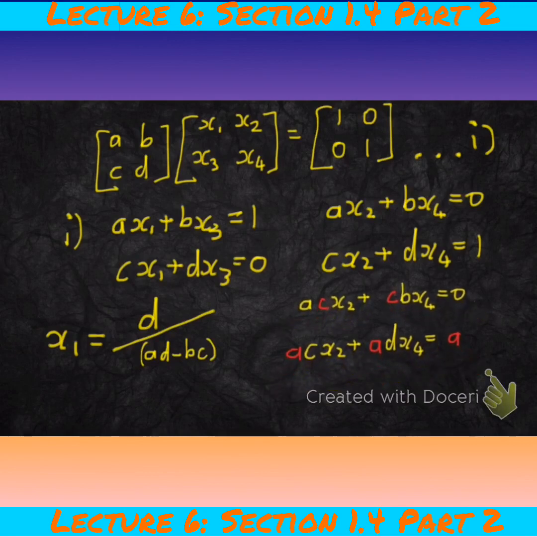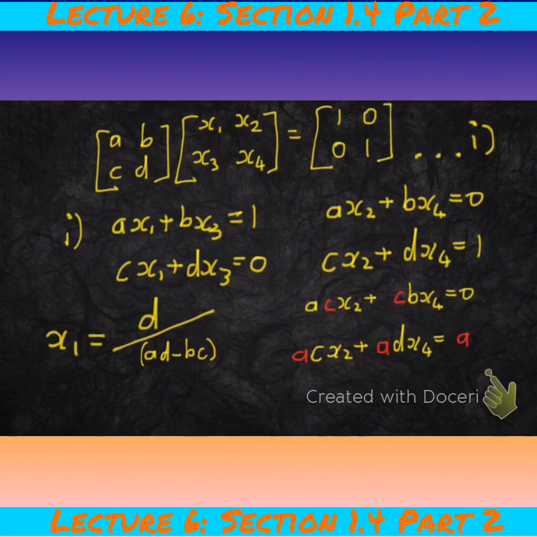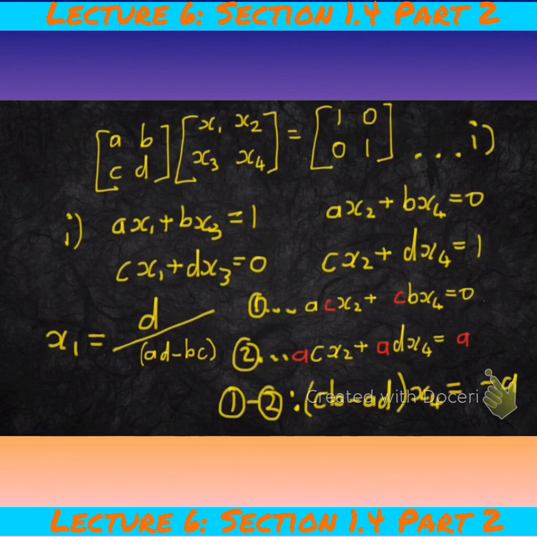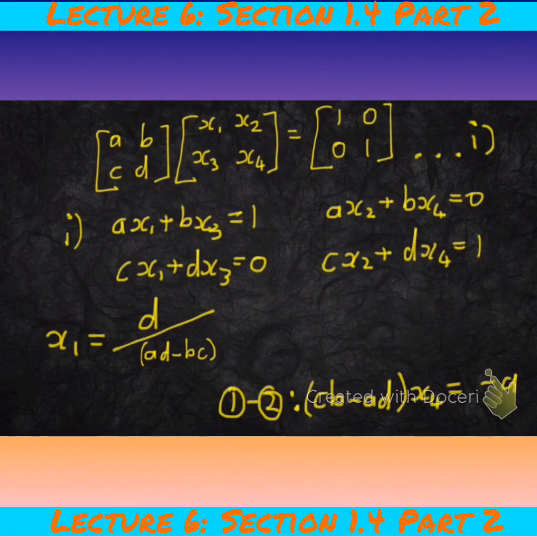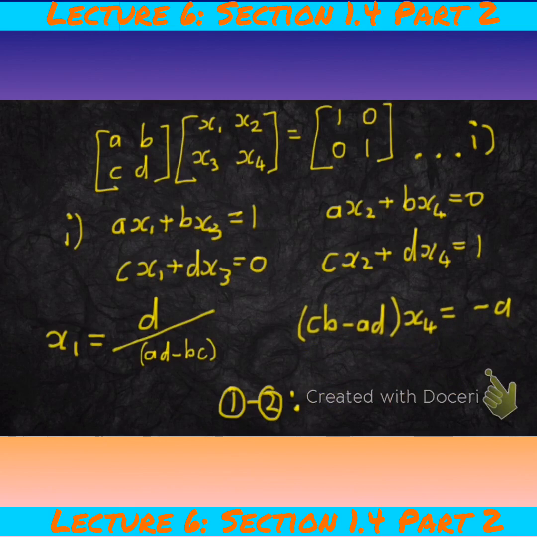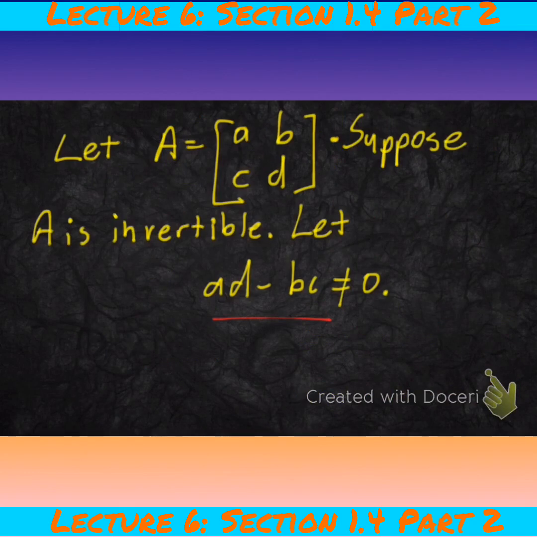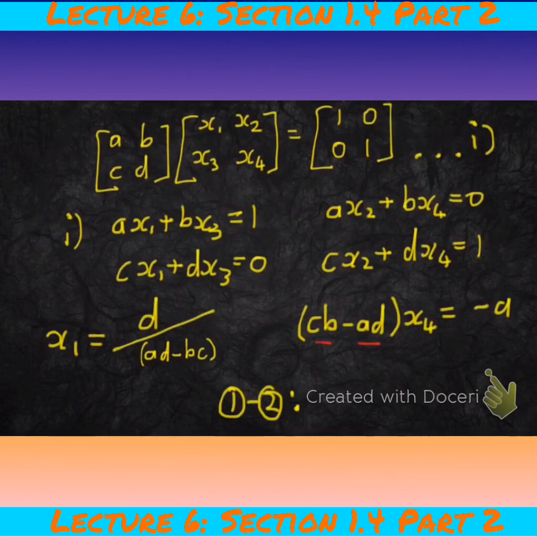Then I'm going to label that as my equation 1 and that as my equation 2, and then taking from 1 and subtracting 2, that is going to cancel with that, and we're going to get CB minus AD times x4 is minus A. Now if you go back, AD minus BC is not 0, so therefore CB minus AD is not 0.